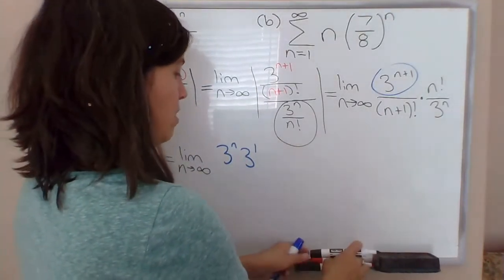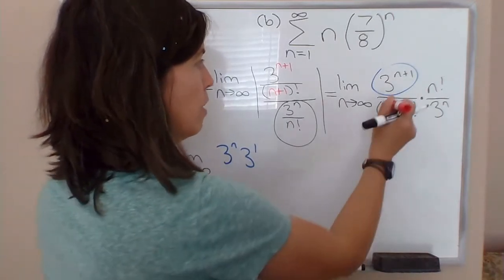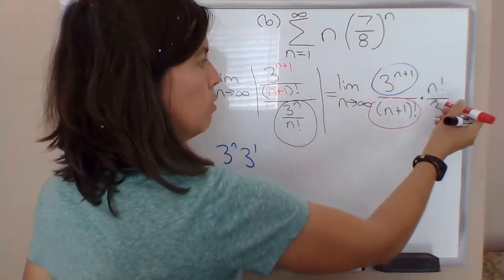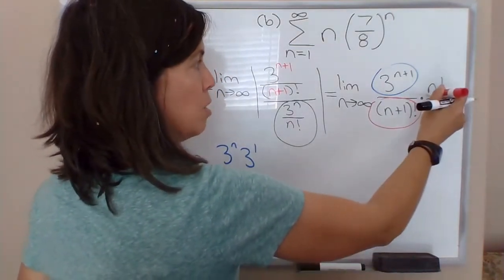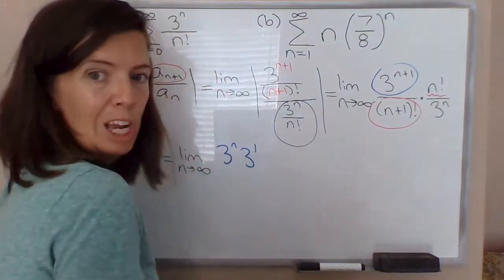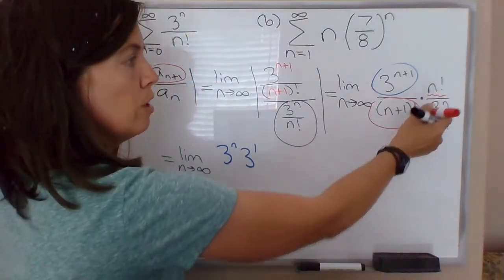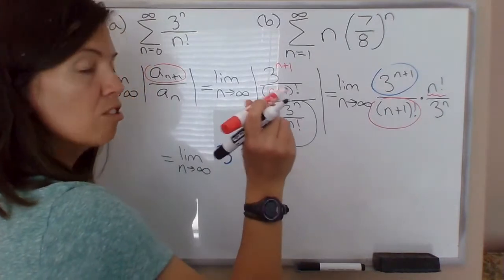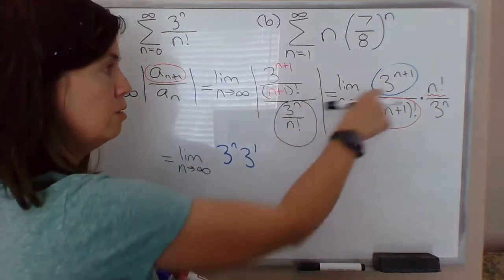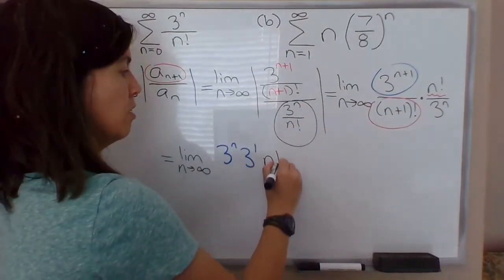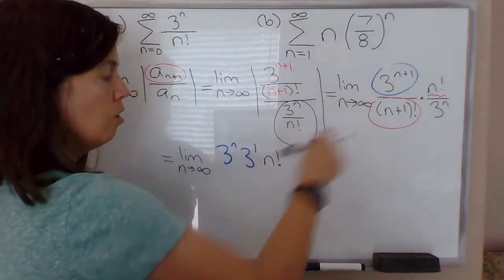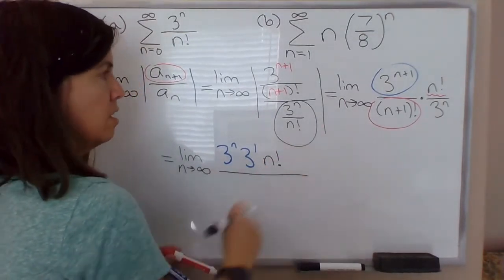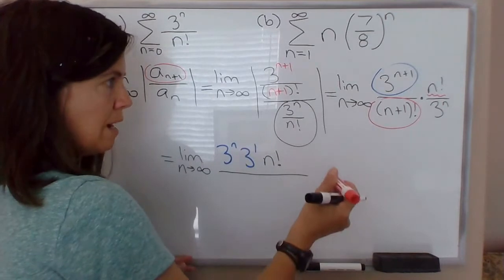Also, this n plus 1 factorial right here, we want to simplify that. We're comparing it with n factorial. Remember that when you simplify factorial expressions like that, you always leave the smaller factorial alone, which in this case is going to be that n factorial, and expand the larger one, so we can rewrite it in terms of the smaller one.